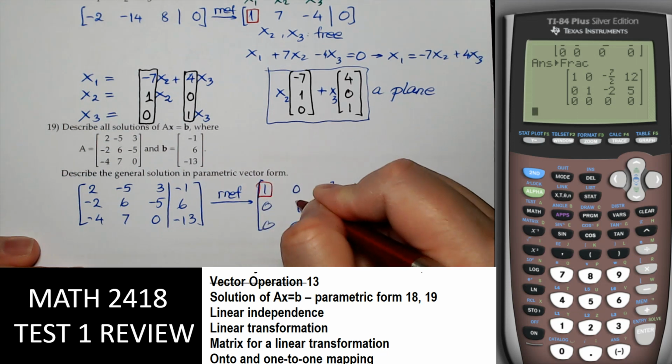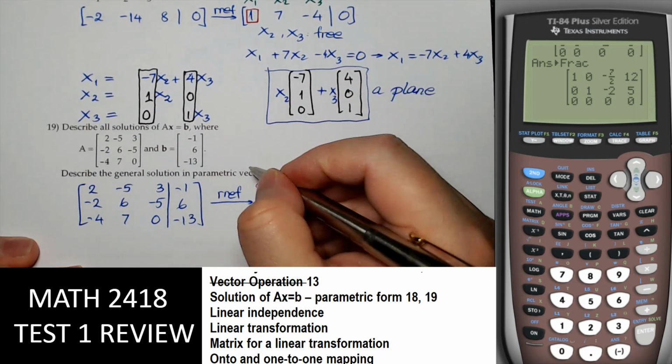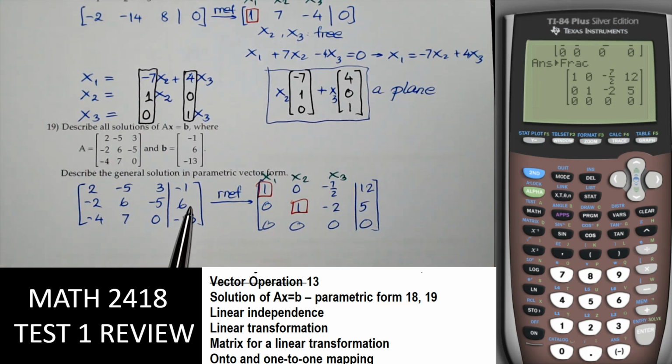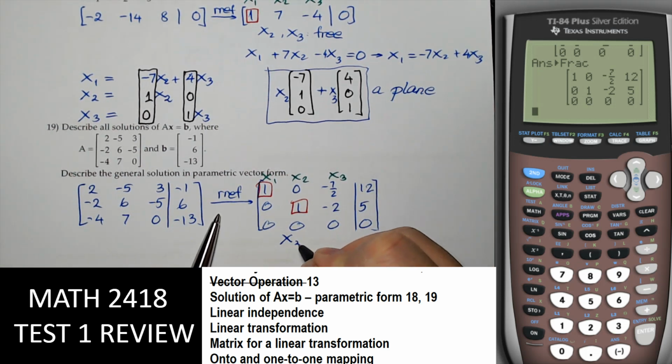Right, a pivot here, a pivot here. X1, X2, X3. X3 doesn't have the pivot entry, so X3 is free.